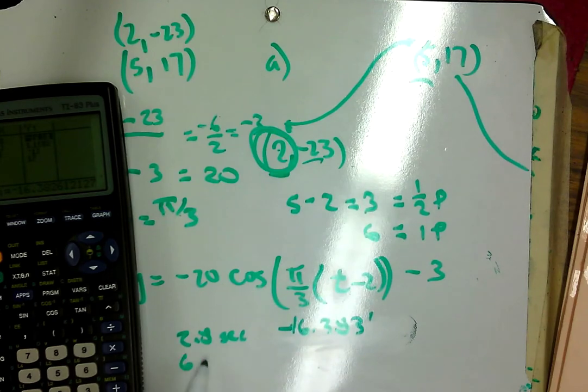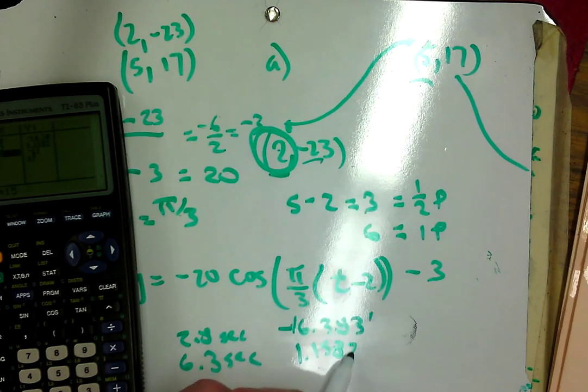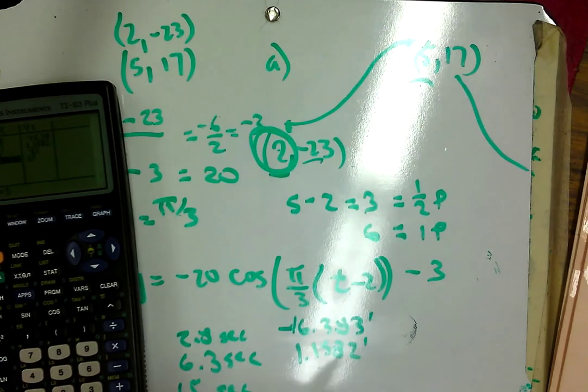At 6.3 seconds, so we'll go over here and type in 6.3, we get positive 1.1582 feet, and at 15 seconds, we get exactly -13 feet.